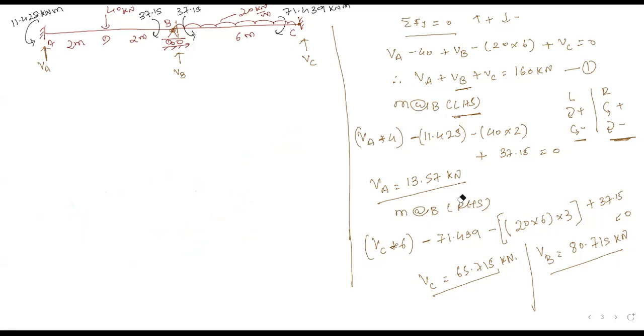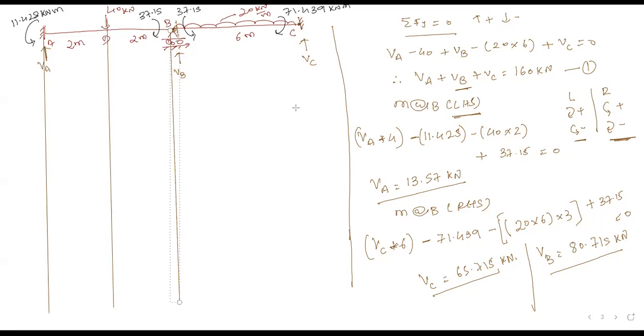Let me draw the shear force diagram and bending moment diagram. We plot the shear force diagram and bending moment diagram. To draw them, also write the values of the reactions in the diagram.